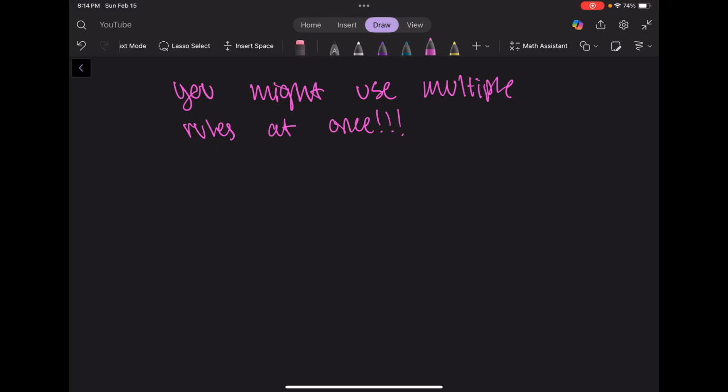I have been writing homework with my hand all day, so my hand is exhausted. But yes, you might use multiple rules at once. Also, recall to use PEMDAS.